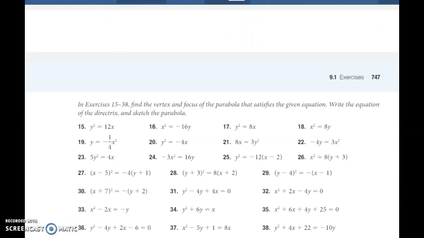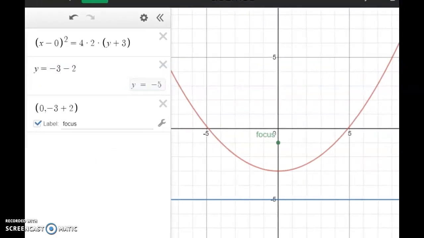I think the problem that I chose is number 26. So here it is: x squared equals 8 times (y plus 3). Obviously for this one I use Desmos. You can see x squared equals 8 times (y plus 3), exactly the way it is in the book.